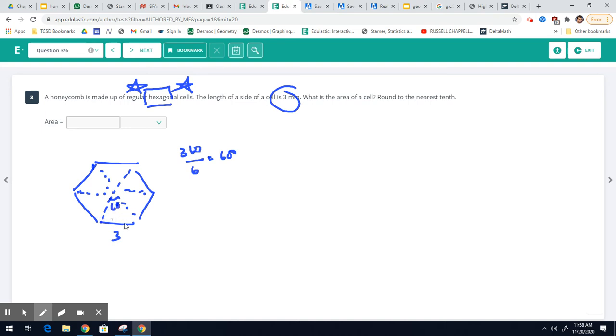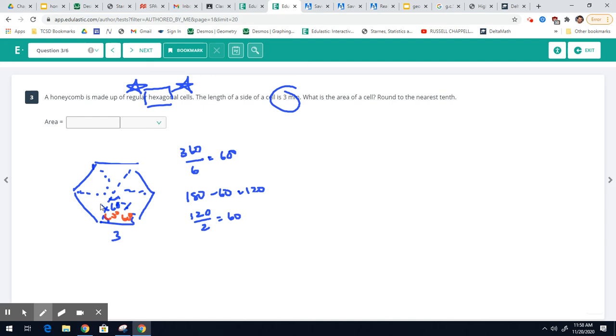Now, because these two radii go from the center to the vertices of the hexagon, these two sides are congruent. So that means that these two angles are congruent. So what would they be? Well, 180 minus 60 is 120. So there's 120 degrees left. 120 divided by 2 is 60. These angles are also 60.